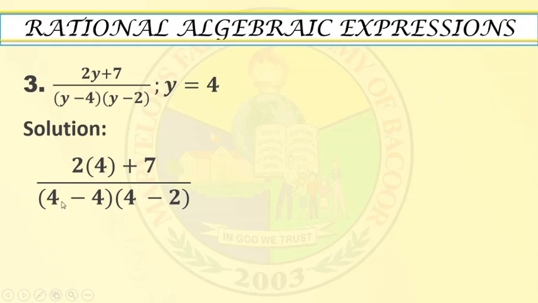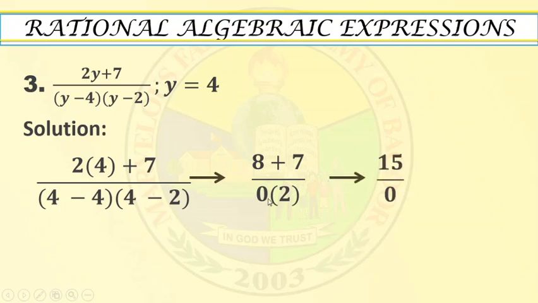Okay? So, multiply natin and then subtract yung nasa parenthesis. Okay? So, we have 2 times 4. The answer is 8 plus 7 over 4 minus 4. The answer is 0. 4 minus 2. The answer is 2. 8 plus 7, the answer is 15. And 0 times 2, the answer is 0.